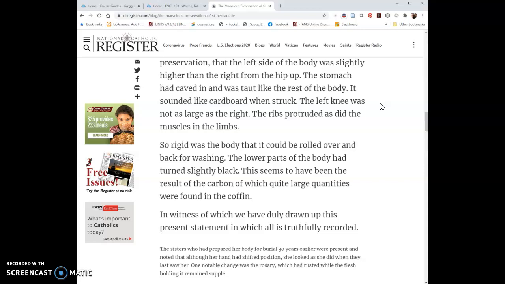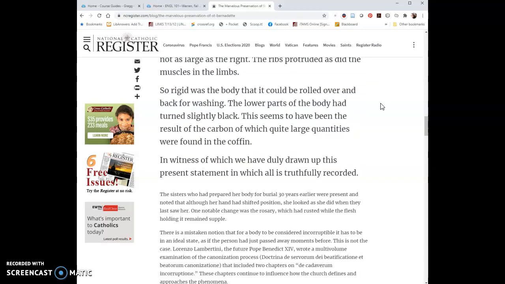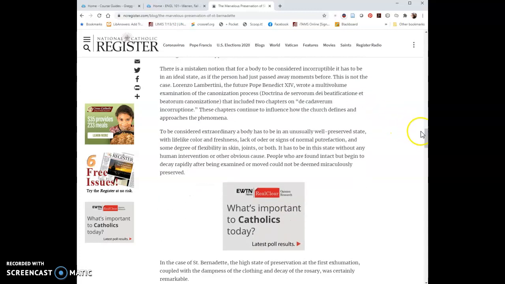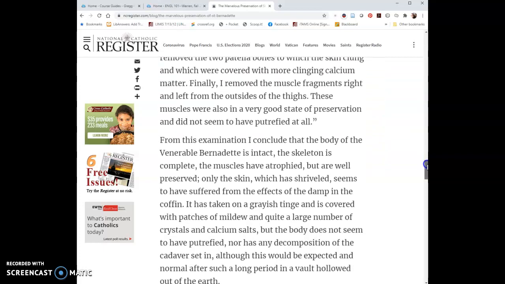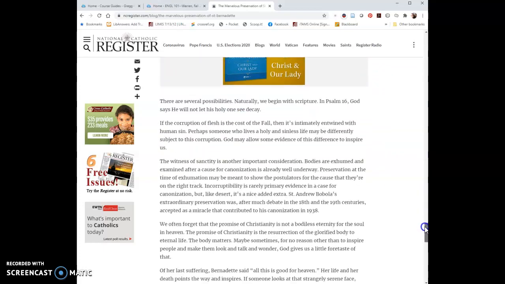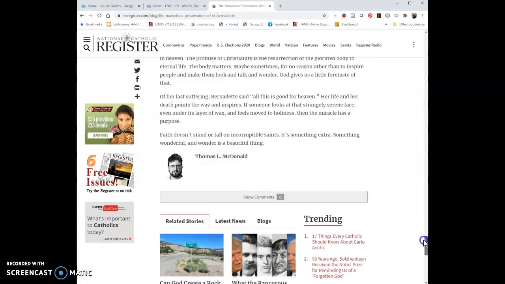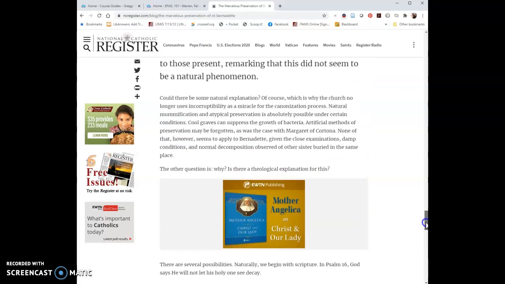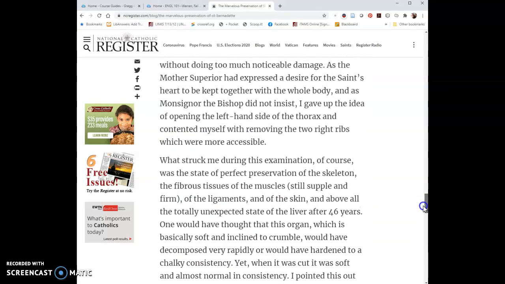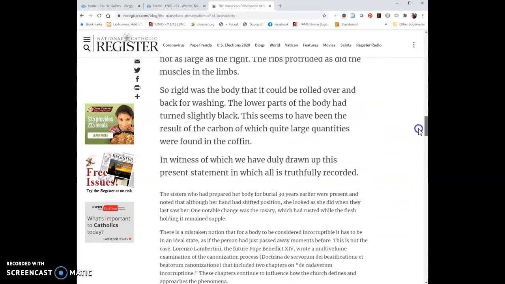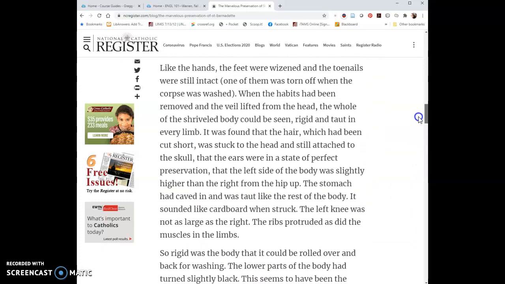They found that it was remarkably undeteriorated, which is what led to her being declared an incorruptible body. So we have a pretty lengthy article here that talks about that entire process of assessing the state of her body to decide whether or not it met the criteria to be considered incorruptible. So probably this is going to be a useful source to me, okay?